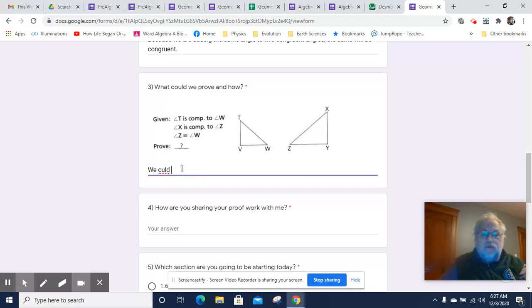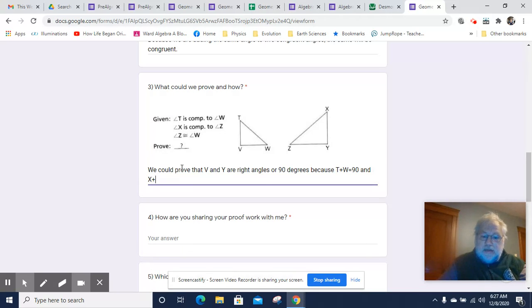We could prove that V and Y are right angles, or 90 degrees, because T plus W equals 90 and X plus Z equals 90.